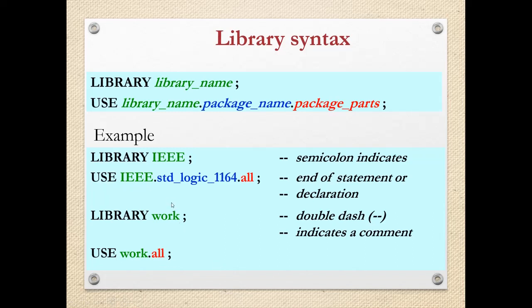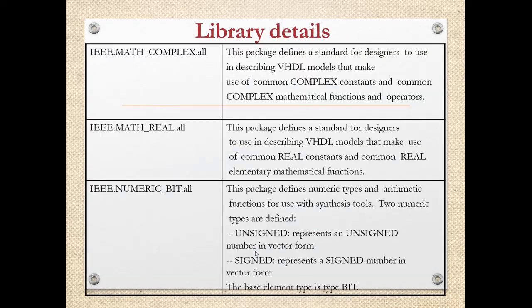Whatever may be the name of that library, that we have to write, and then .all. That is the syntax. So library is the keyword, then the name of the library, then use name of the library .all. This is the syntax for calling any library file. So at the start of each VHDL code, we have to declare the library.